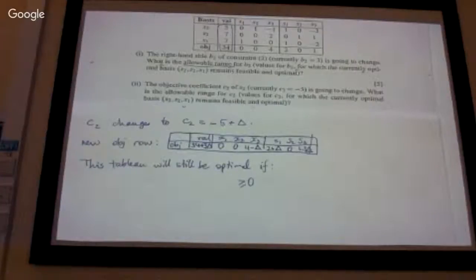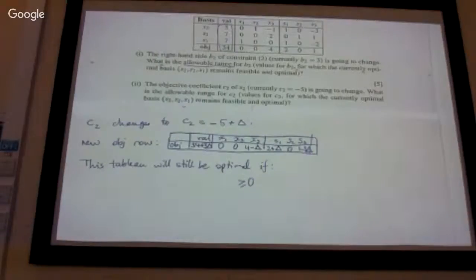The val actually can be anything. We don't care. There's no requirement usually that the objective should be non-negative. So that one, no, but the other ones have to be non-negative. Otherwise, we'd have a negative thing and we'd have to pivot.